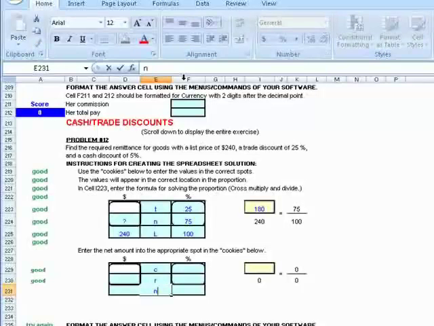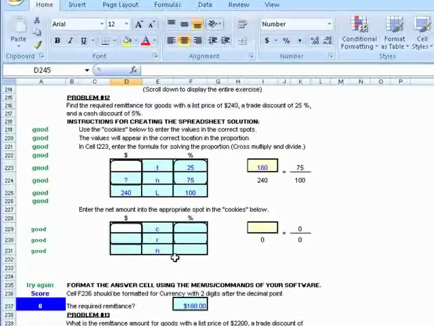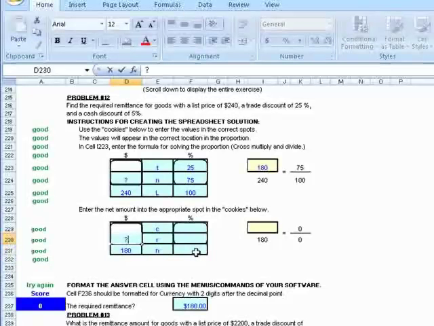The net from up above goes in that spot there. Net was $180. And we're looking for the amount of remittance. And if the cash discount is 5%, then this must be 95% out of 100.